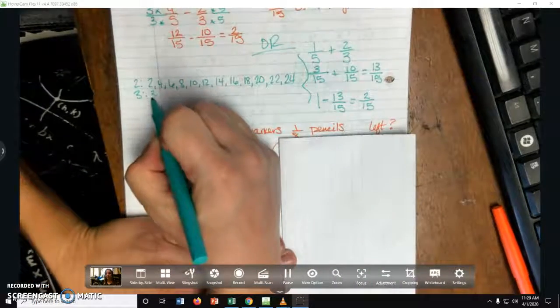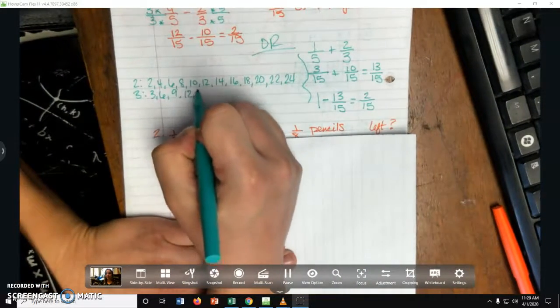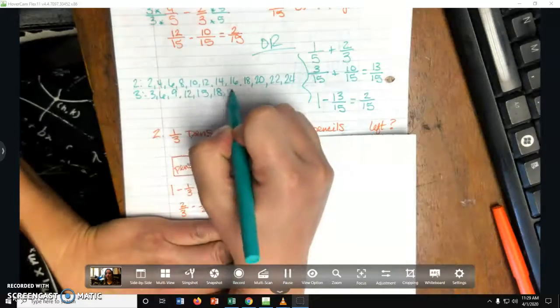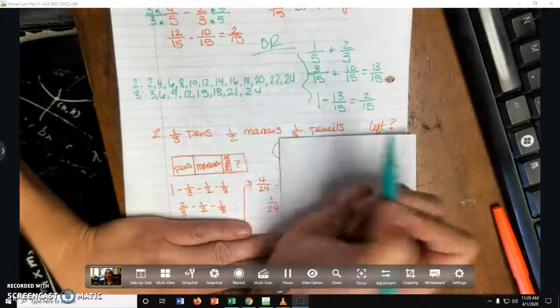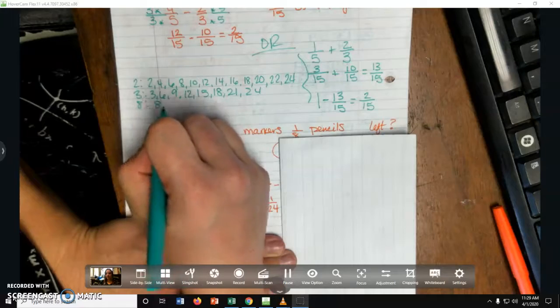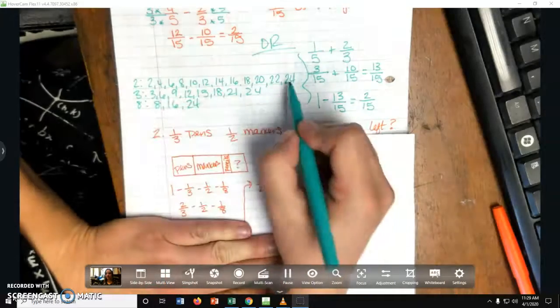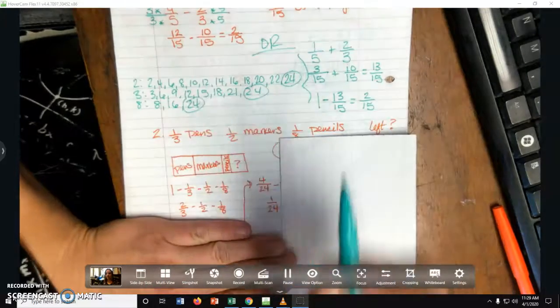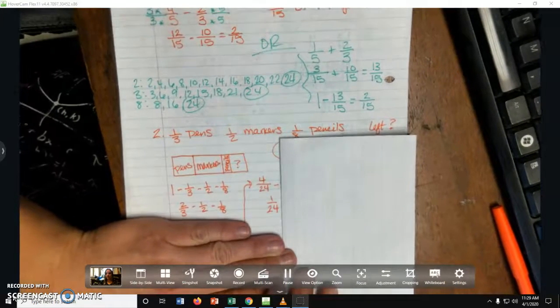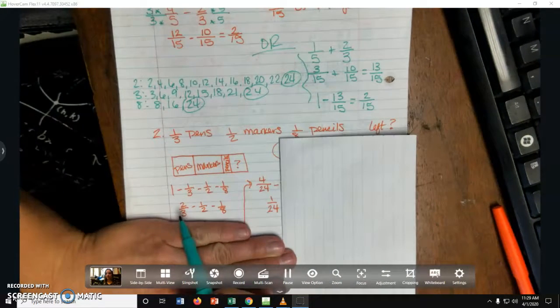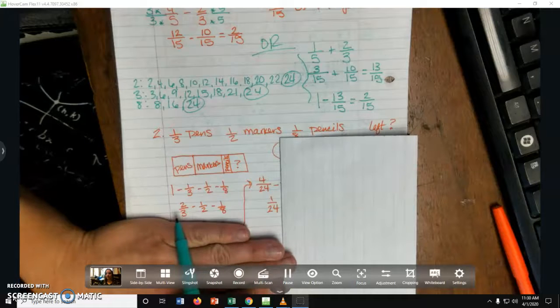And then 3, so 3, 6, 9, 12, 15, 18, 21, 24. There we go. And then with 8, I'd get 8, 16, 24. So I could see that 24 is the least common multiple for all 3 of those numbers. So right here, I could make each of these be 24 in a denominator. Okay, I could separate this 2/3 into 24 parts. I didn't do it that way to start, but you definitely can.